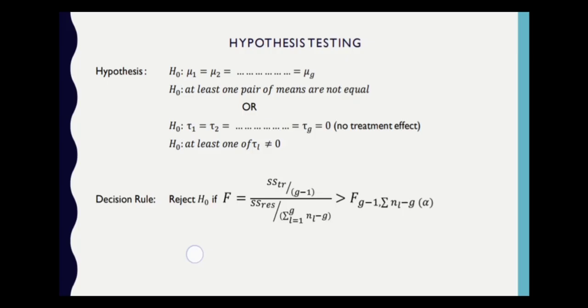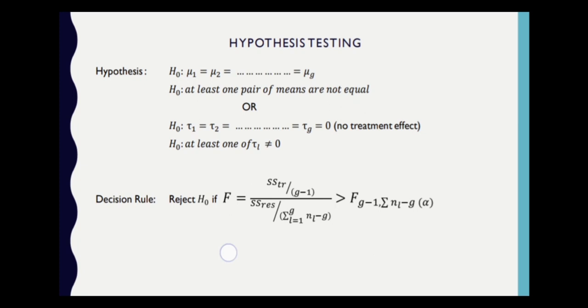Okay, and then the F statistic will be this one, which is SS treatment divided by its degree of freedom over SS residual divided by its degree of freedom.